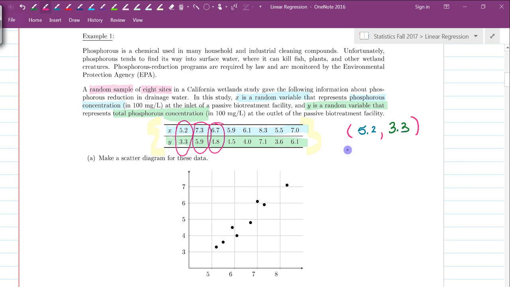The next ordered pair then would be 7.3, comma, and then 5.9.